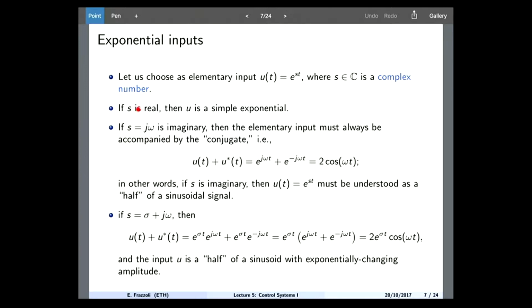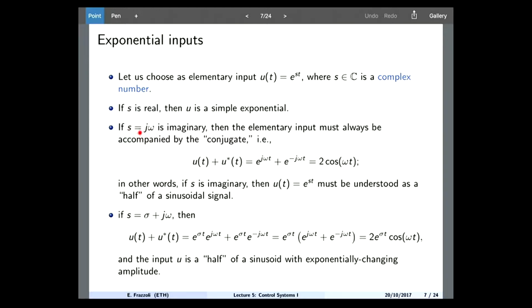If it happens to have a zero imaginary part, that is, if s is real, which is just a special case, then clearly e to the power st is just an exponential. It will be a divergent exponential if s is positive, and a decaying exponential if s is negative, okay?